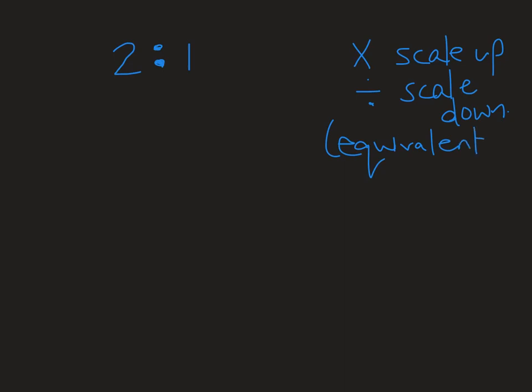And scaling up and scaling down is basically the same as finding an equivalent ratio. It's just different language. It's a little bit more sophisticated. You tend to use ratios more when you're dealing with scale drawings, and if you're increasing or decreasing proportions in a solution, so things like that. So you might see scale up, scale down, you might find it as equivalent ratio, so either way.